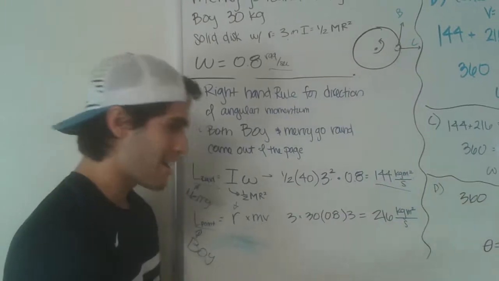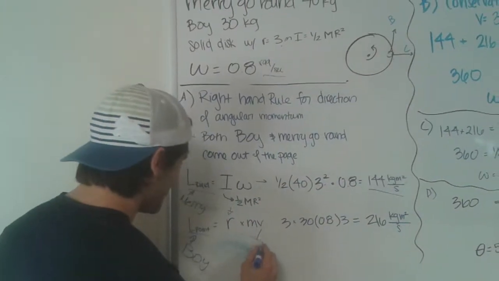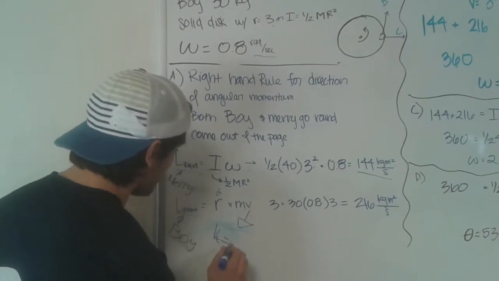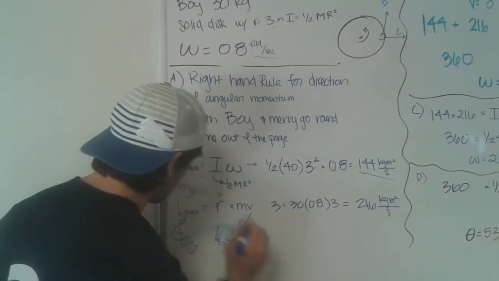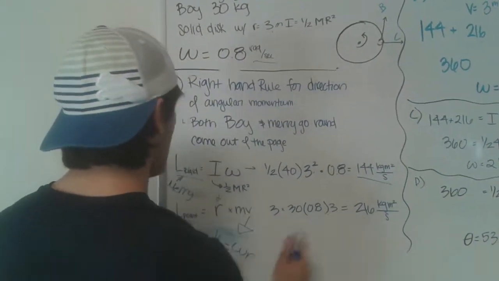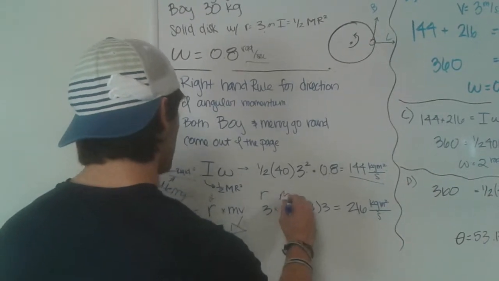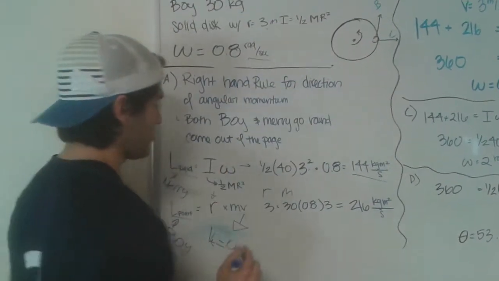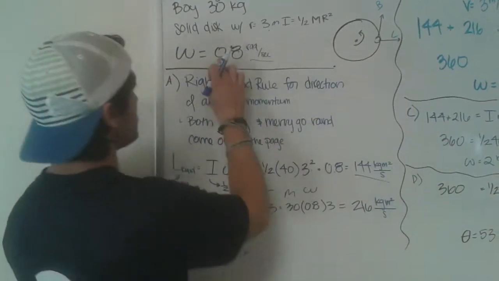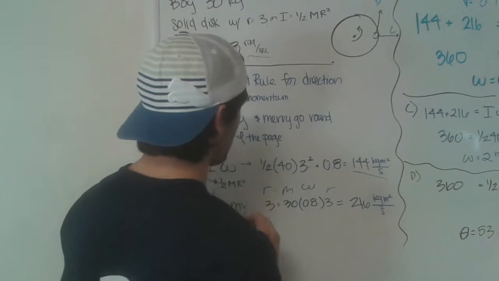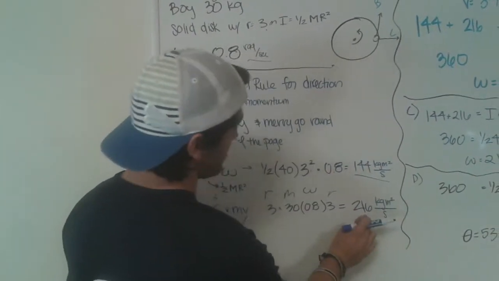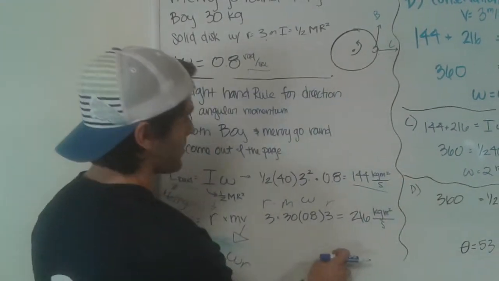So we substitute V tangential as W times R. Here, this is R, this is the mass of the boy, which is also given, and then the angular velocity, which is given, and also the radius. Now we multiply the values and we get 216 kilograms meters squared per second.